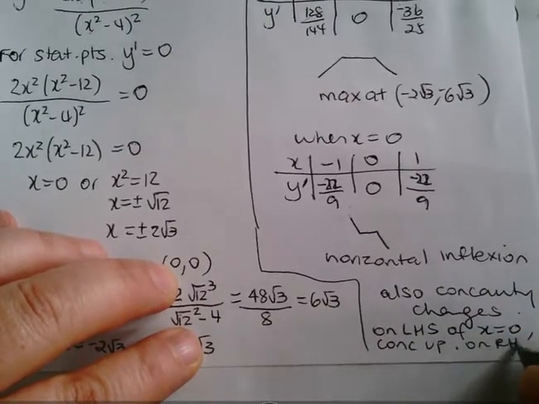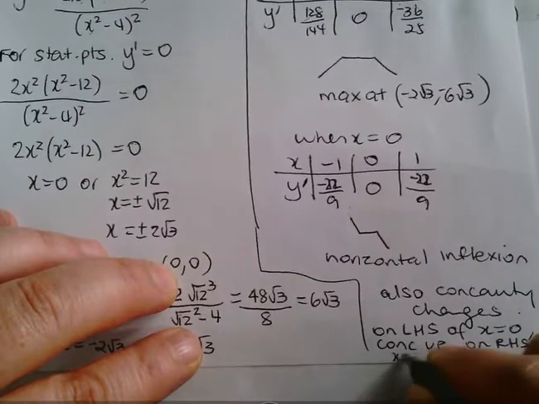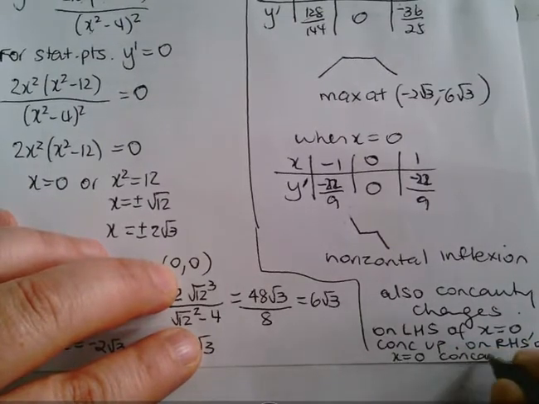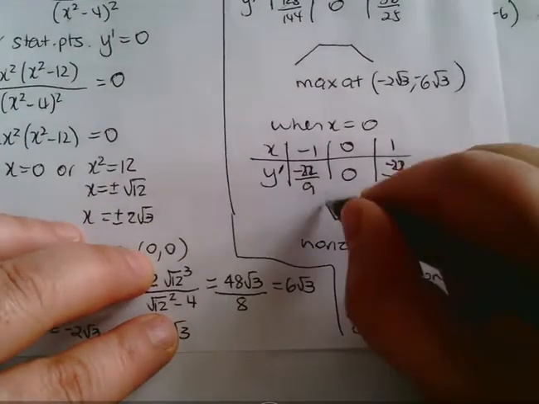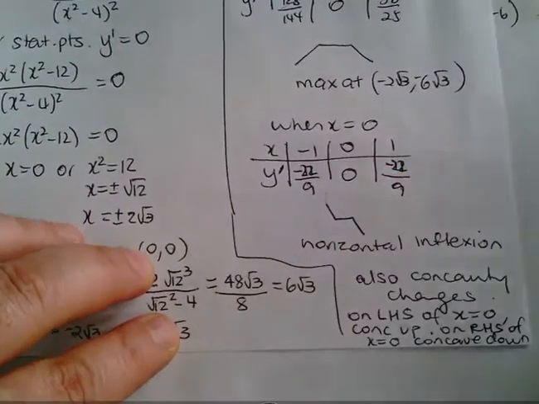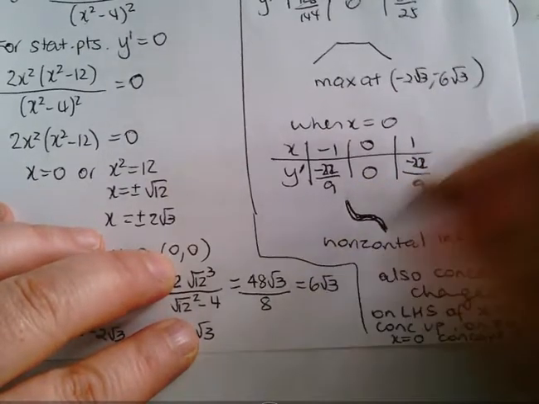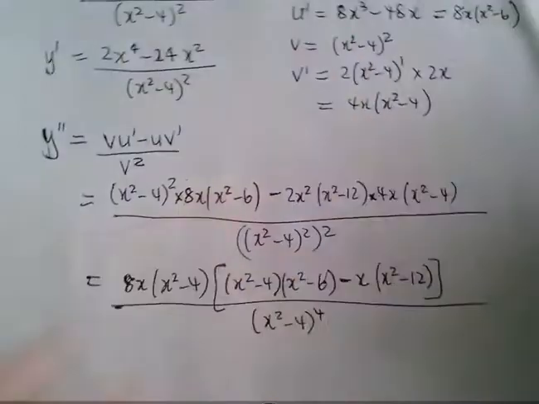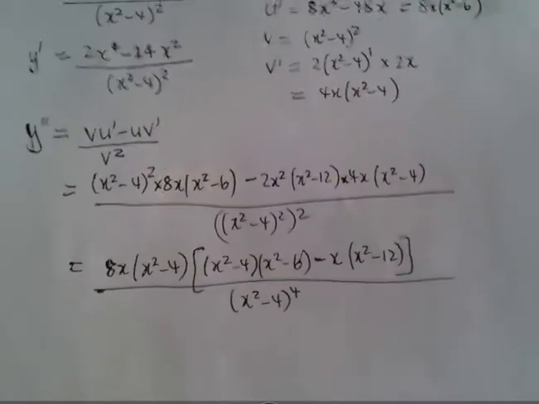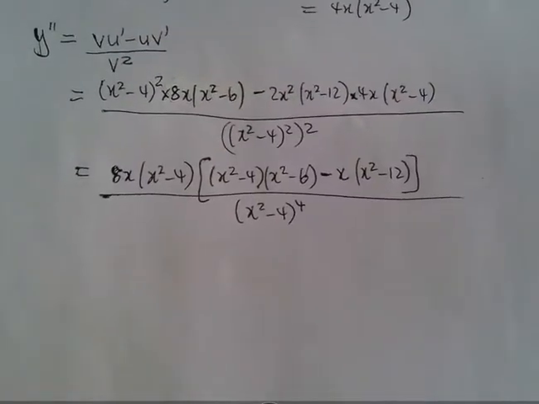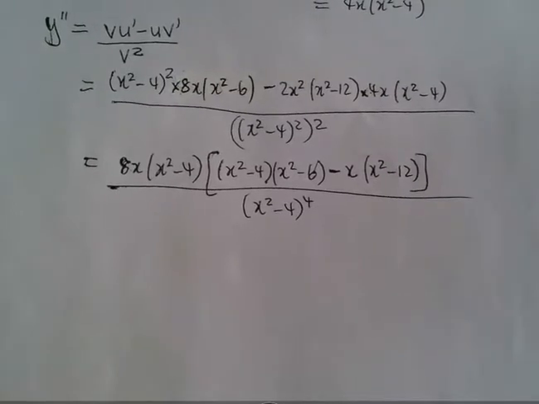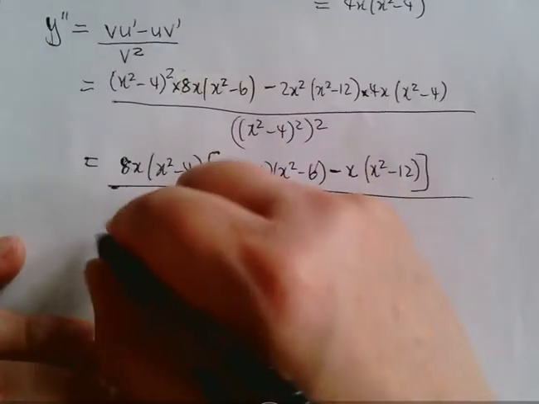And on the right-hand side of x is 0, I can see concave down when I do my gradients. I know I've drawn it like that, but it will be like that. Anyway, you'd only do that with a very, very complicated second derivative. All right, let's keep going.